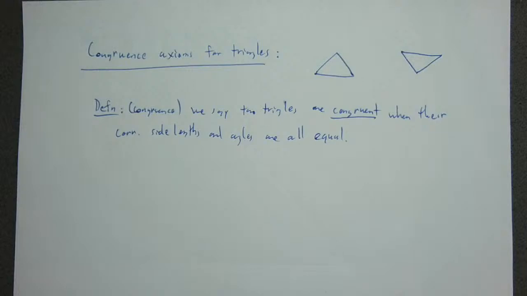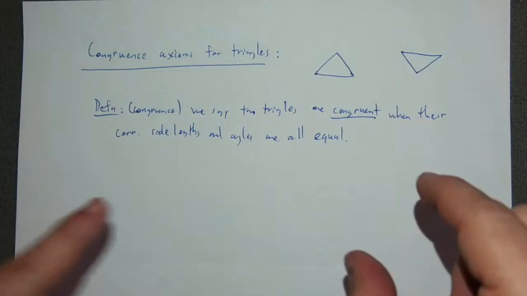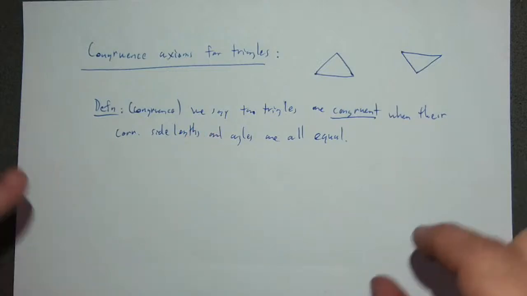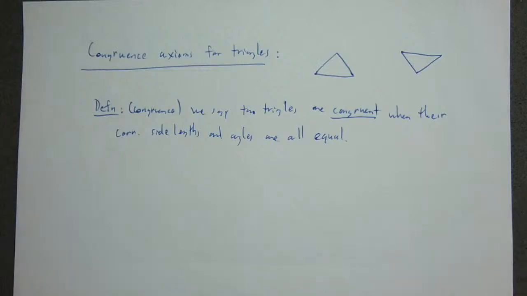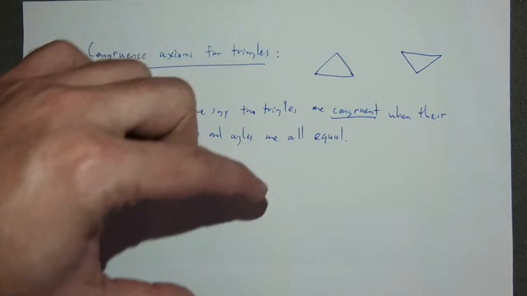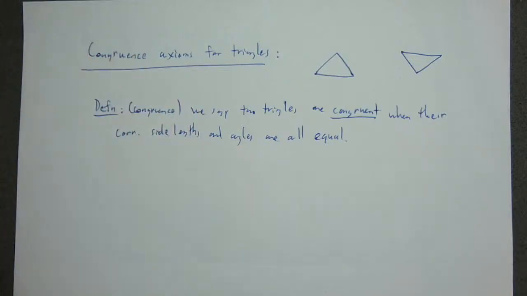Okay. Meaning that if you have triangle ABC and A prime, B prime, C prime, you've lined them up, or you have labeled them in such a way that side AB corresponds to side A prime B prime.